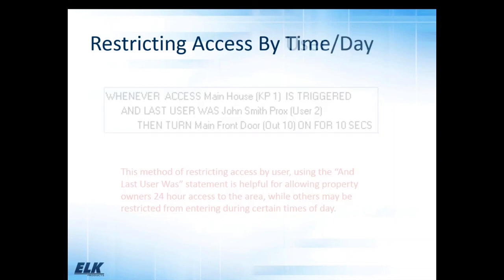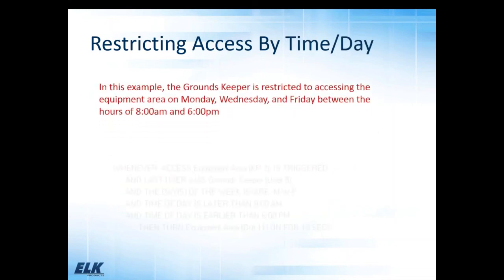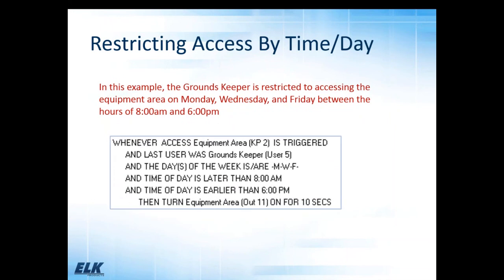So we can restrict access by time and day. In this example, for the groundskeeper, he is restricted to accessing the equipment area on Monday, Wednesday, and Friday between the hours of 8 a.m. and 6 p.m. So whenever keypad 2 is accessed, whenever the card or the fob is swiped at keypad number 2, and the last user was the groundskeeper, the days of the week would either have to be Monday, Wednesday, or Friday.